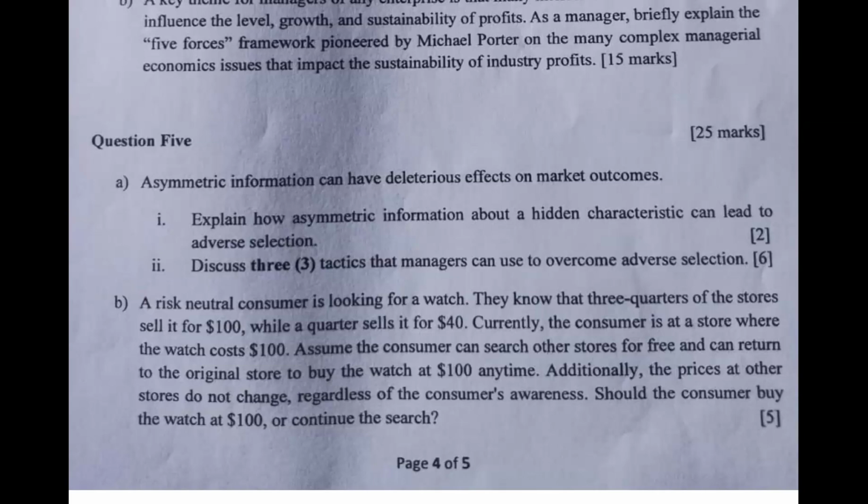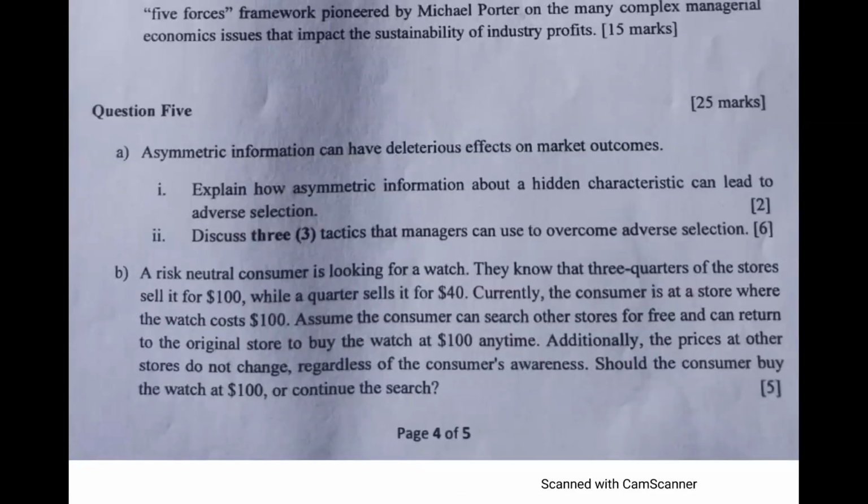In that case, the seller is likely to manipulate the buyer, because the buyer doesn't have much information. That's what we mean by information asymmetry. The information is not balanced, you understand, right?